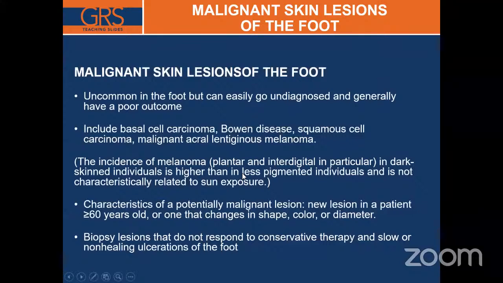The characteristics of potentially malignant lesions are new lesions in a patient more than 60 years old, or any lesion that changes in shape, size, color, or diameter. So we should do a biopsy of lesions that are not responding to conservative therapy, or any slow or non-healing ulceration of the foot.